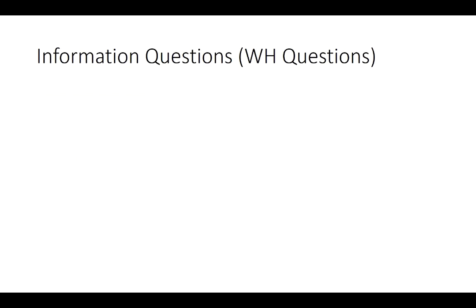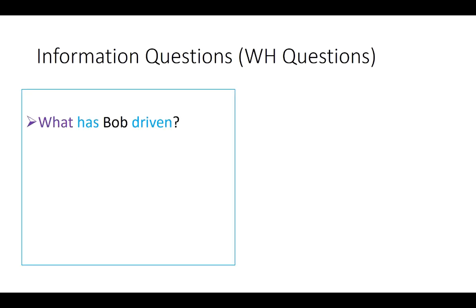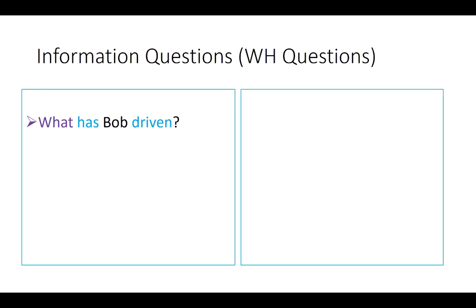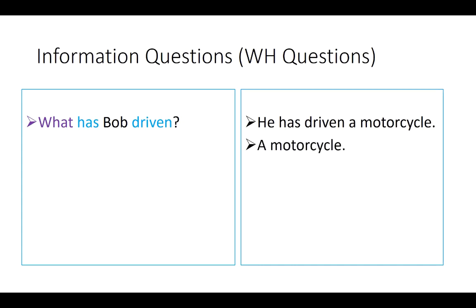Now let's look at information questions, also called WH questions. What has Bob driven? To this question, we can answer, he has driven a motorcycle, or a motorcycle. To form a WH question, we keep the same order that we had in our yes-no questions, but now we add a question word to the front.